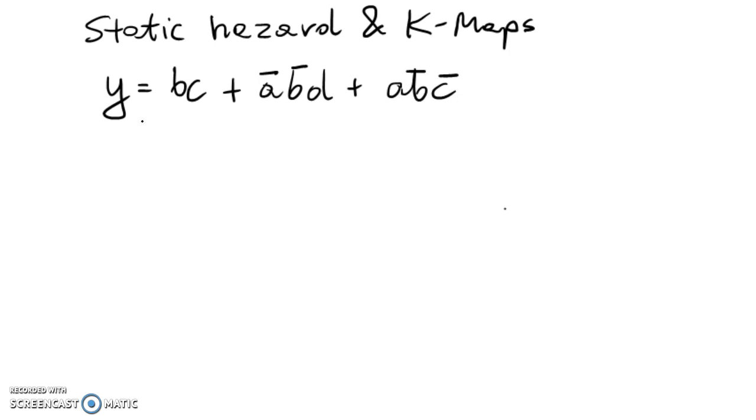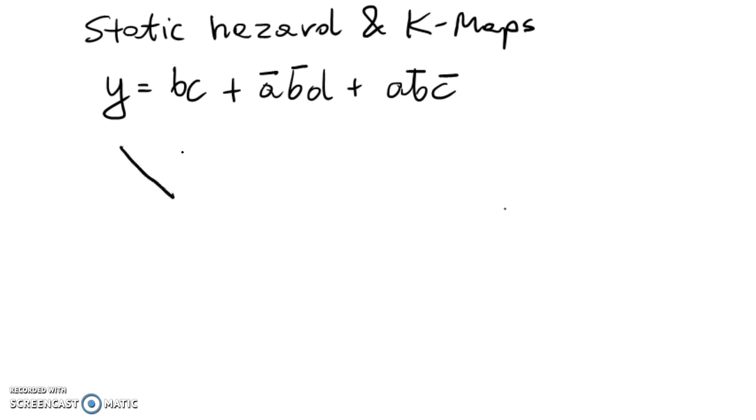If your task is only the general detection of whether there is a hazard or not, and to eliminate it, the K-map method is more useful because it is much faster than the analytical one.